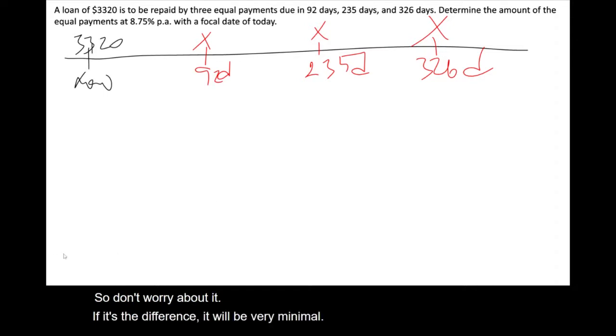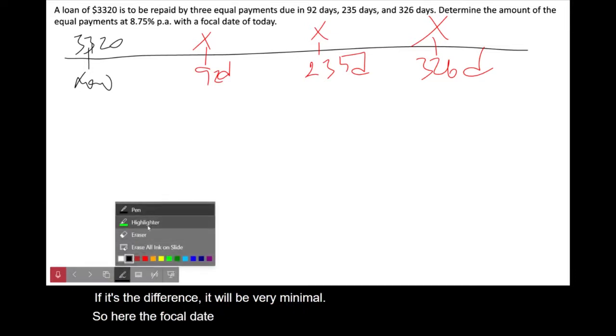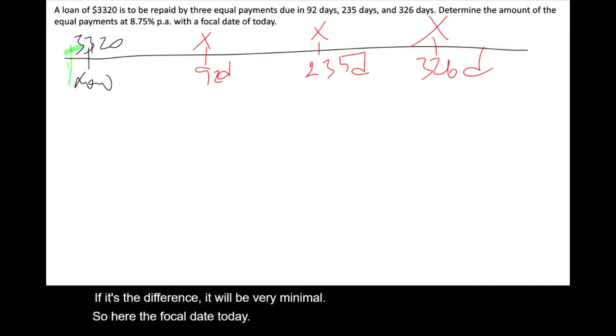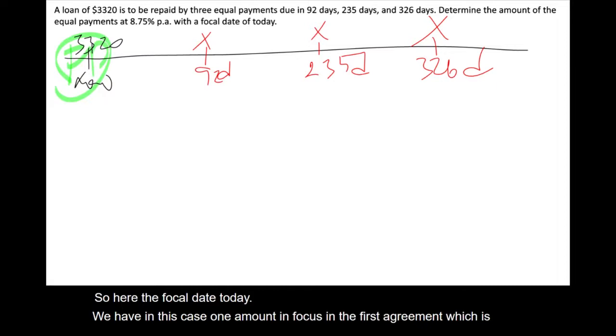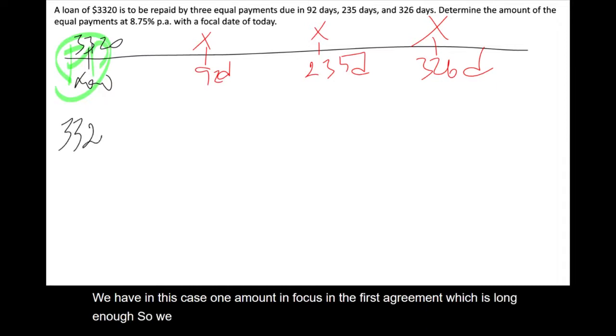So here, our focal date is today. We have, in this case, one amount in the first agreement, which is the loan amount. So we can create the equation right on the spot.